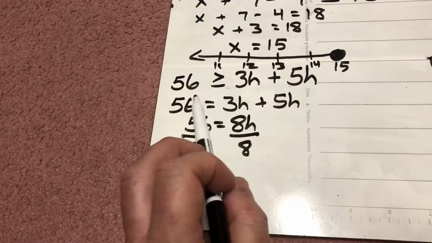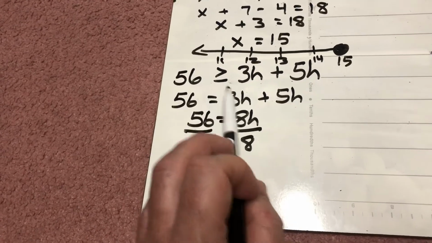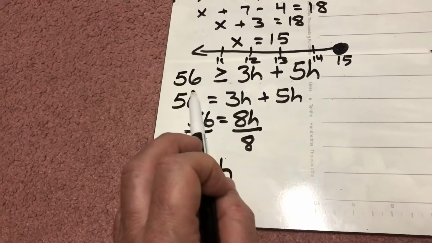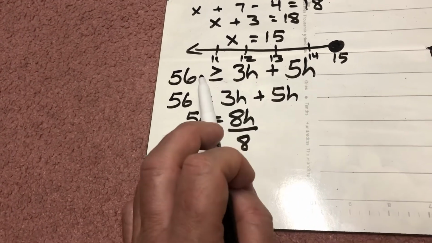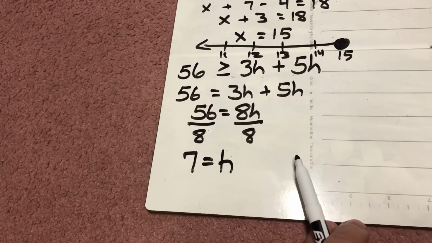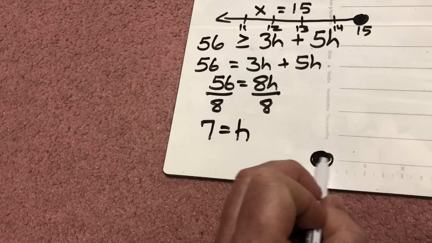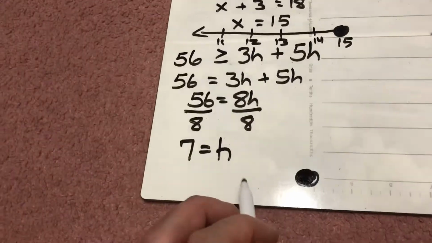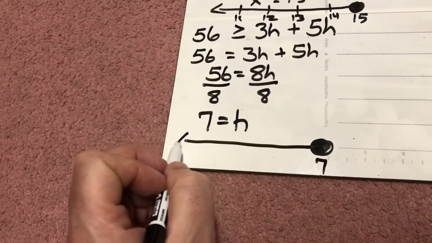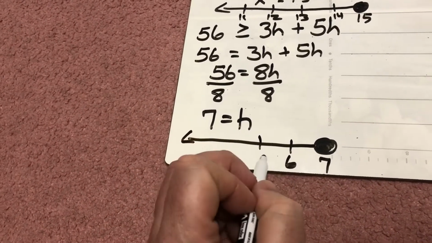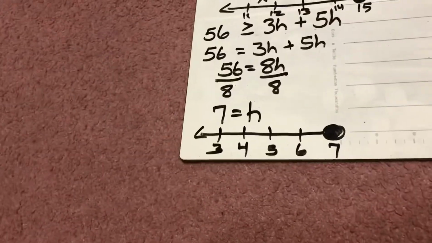So now I know that 7 is greater than or equal to h, which means h is on the smaller side, so it's going to go left, and I'm going to have a shaded circle because it's greater than or equal to. It's going to start at 7, and it's going to move to the left, 6, 5, 4, 3, and so forth.